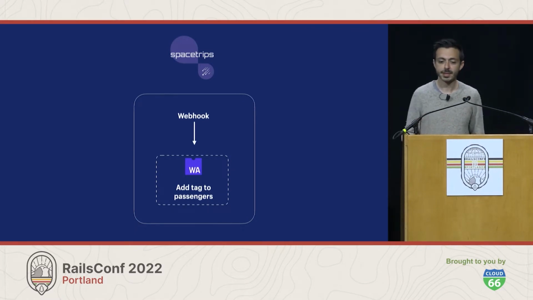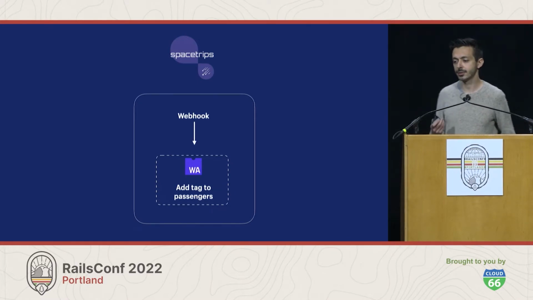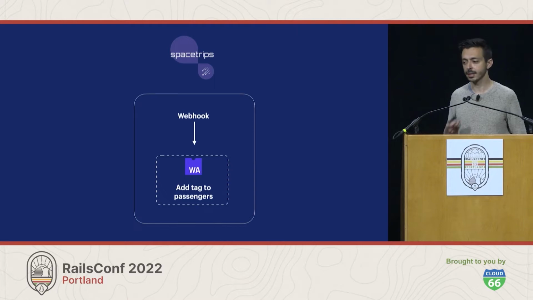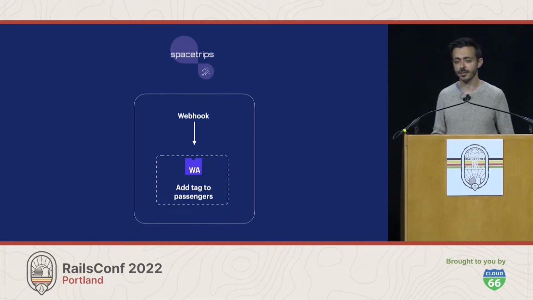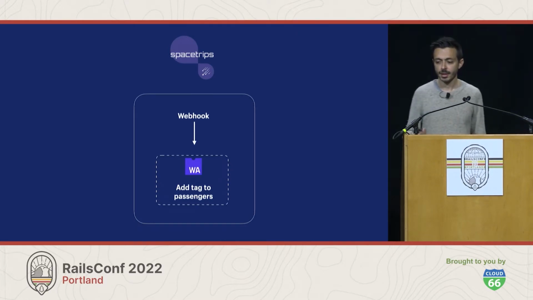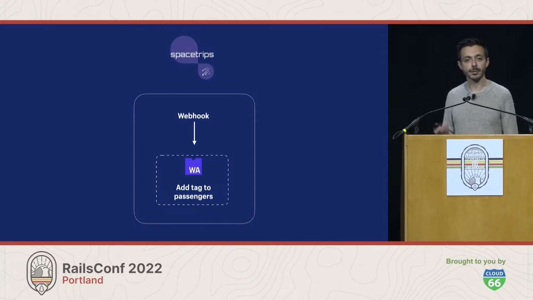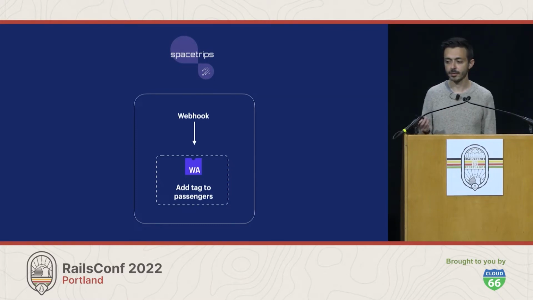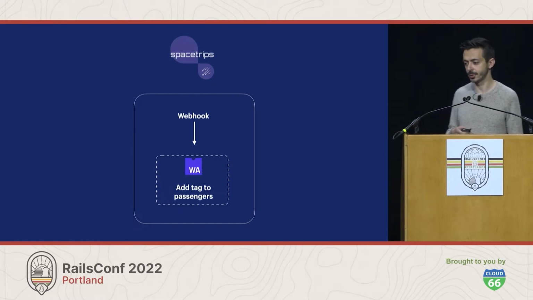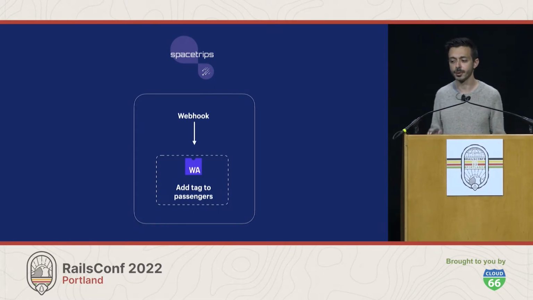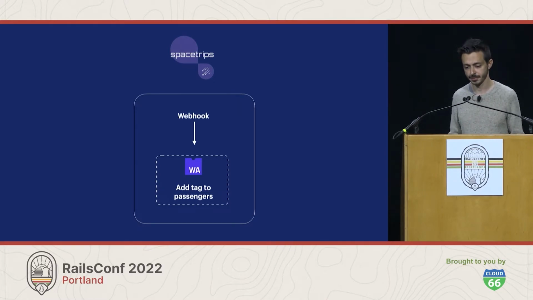So WebAssembly allows us to write code in different languages, compile this code into a package that can run in a very safe environment. And with this flow, we don't need all this network traffic coming from and to our server. And Orbital won't need to maintain a web server anymore.